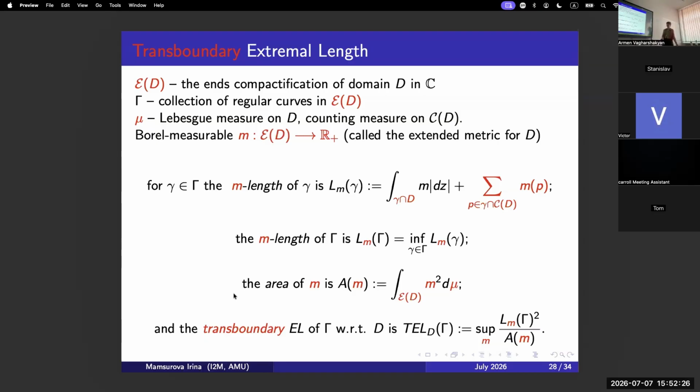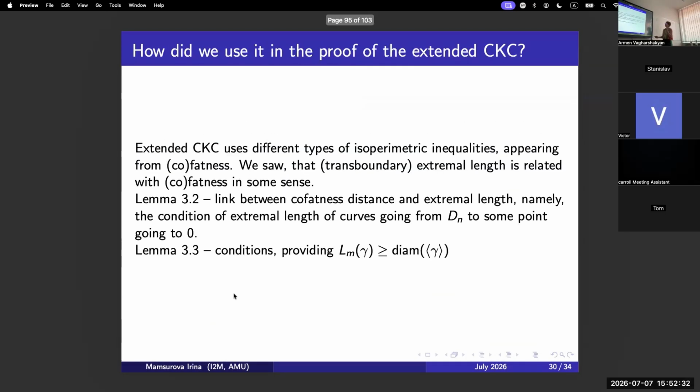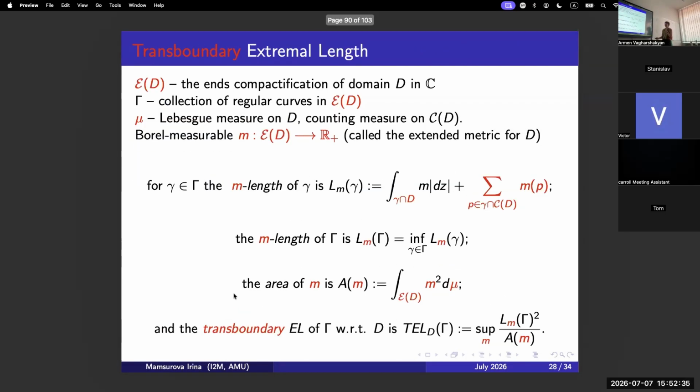Here I will stop with definitions and with talk in general, just a few ideas. What is new here? We now also collect the data of what is going on when curves leave our chosen domain.